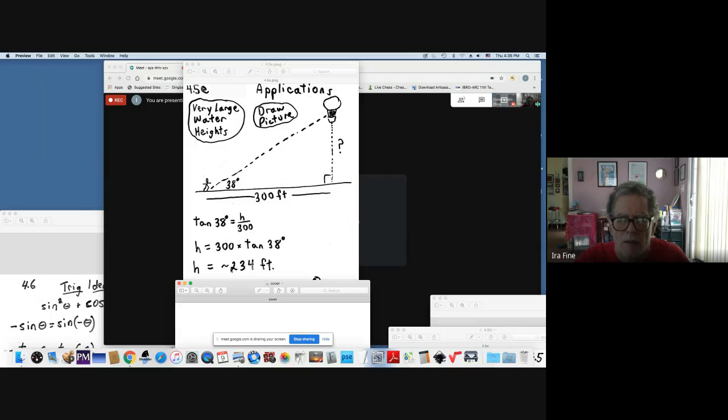You see? But you see how you can figure that out without actually measuring its height. You're doing everything on the ground. You're just going 300 feet, measuring in this direction.